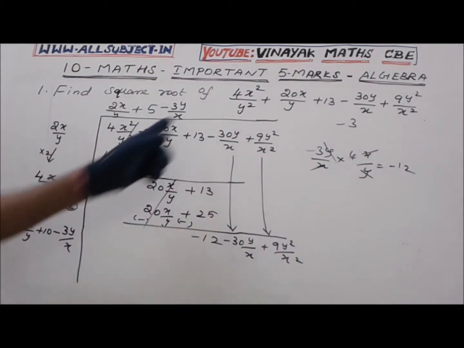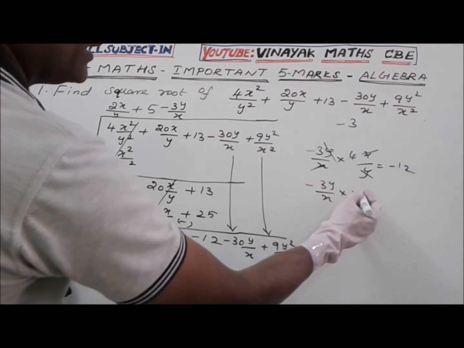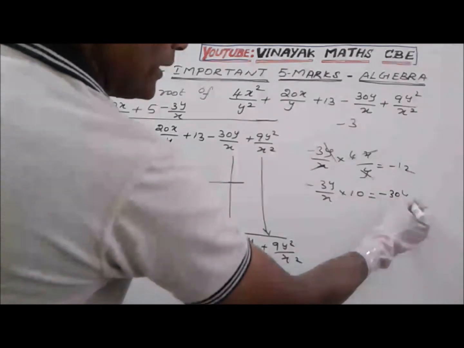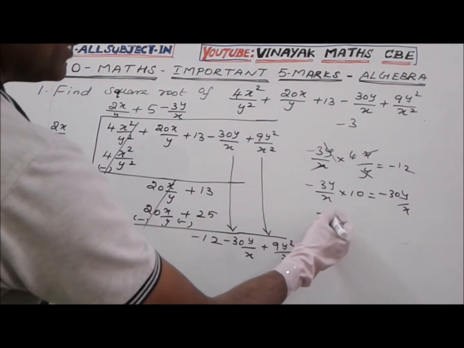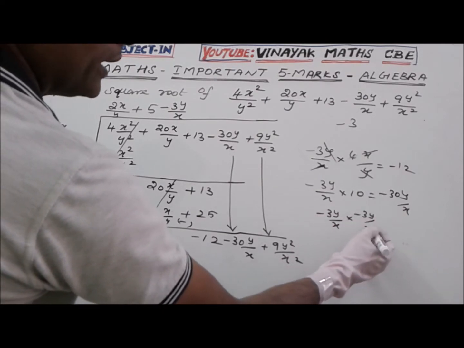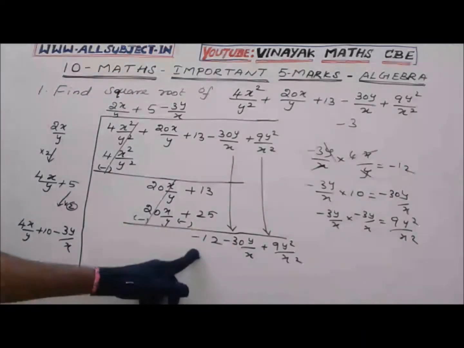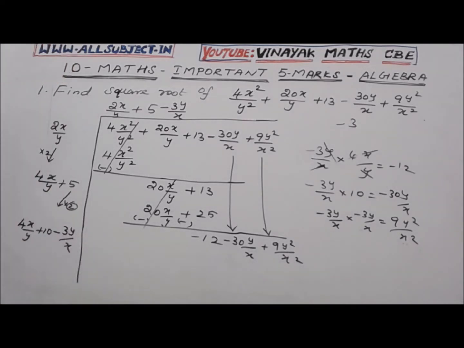And then multiplying this with the 10, minus 3y by x into 10 equals minus 30y by x, and then multiplying the last two terms, minus 3y by x into minus 3y by x equals 9y square by x square. Look at the terms here: minus 12 minus 30y by x plus 9y square by x square.